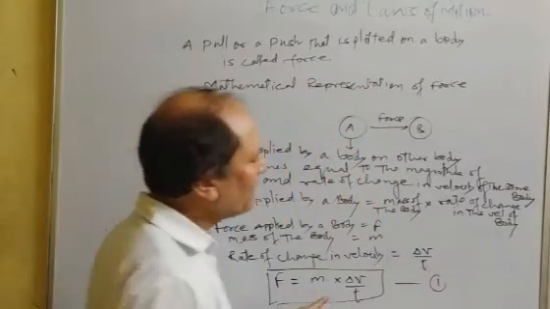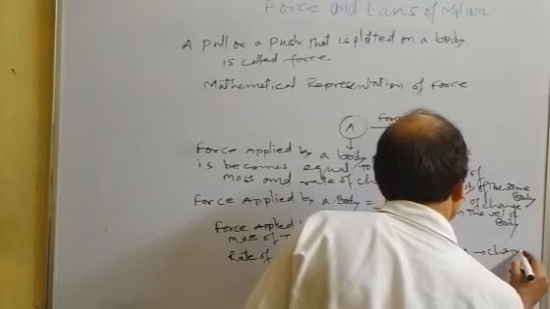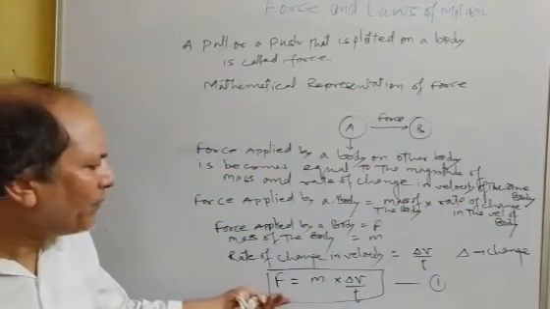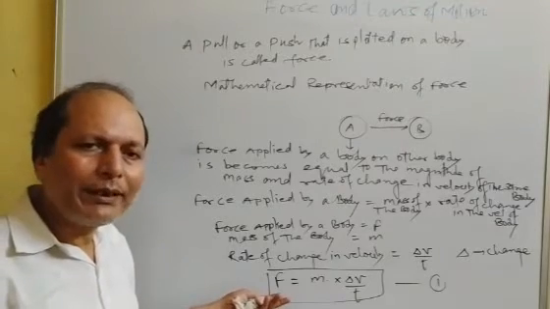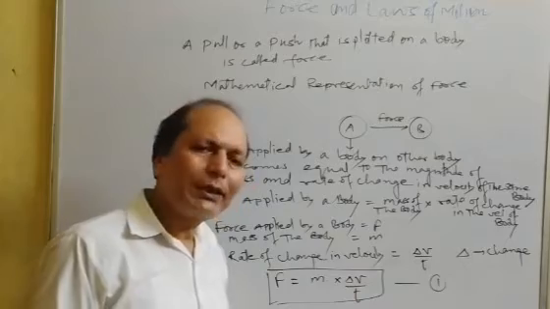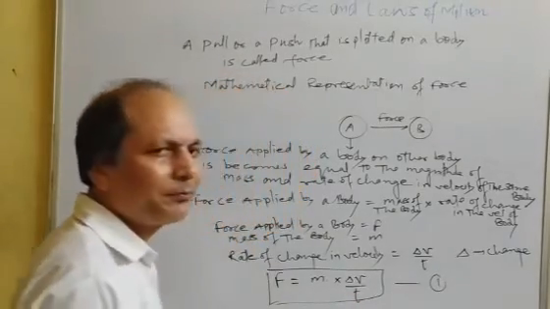Here delta means change. So force applied by a body is equal to the magnitude of the mass and rate of change of velocity of the same body.